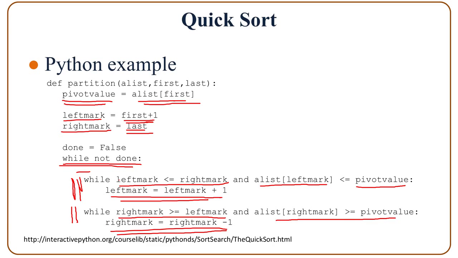So when we get to the element that is less than the pivot value, then the loop stops.